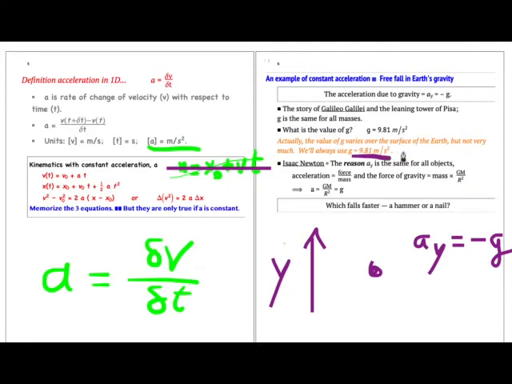But if you measured g with great accuracy, you would find the acceleration due to gravity in Denver, Colorado, is not the same as the acceleration due to gravity in East Lansing, Michigan, for example. But it wouldn't be a very big difference. It was Galileo who showed that all objects fall at the same acceleration.